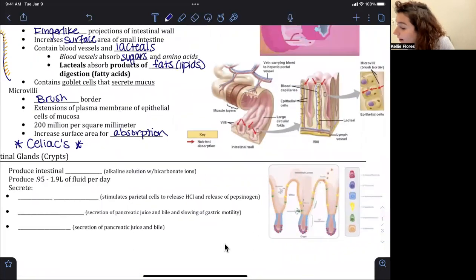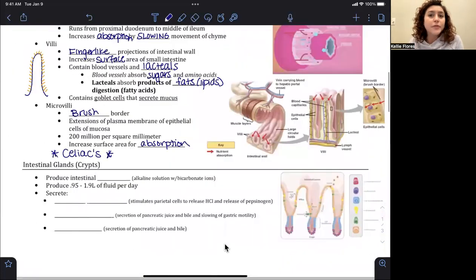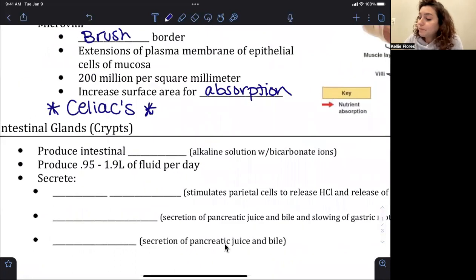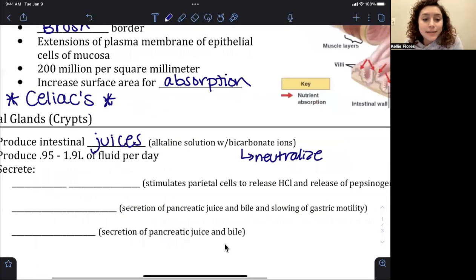So in the intestines, there are more crypts. We talked about the crypts when we talked about stomach nodes. These are a little bit different in the fact that they are in the small intestine. They do produce intestinal juices, which is an alkaline solution with bicarbonate ions to help neutralize the acid, right?